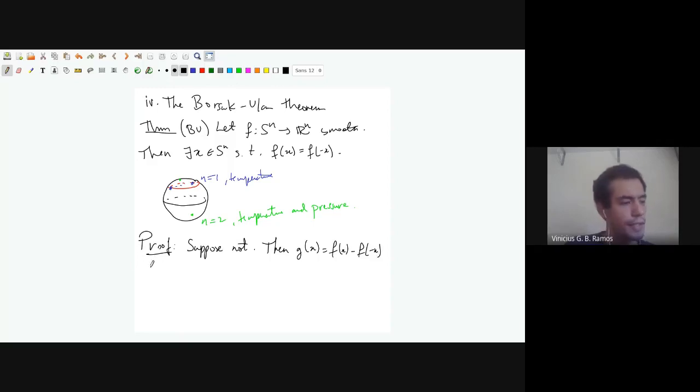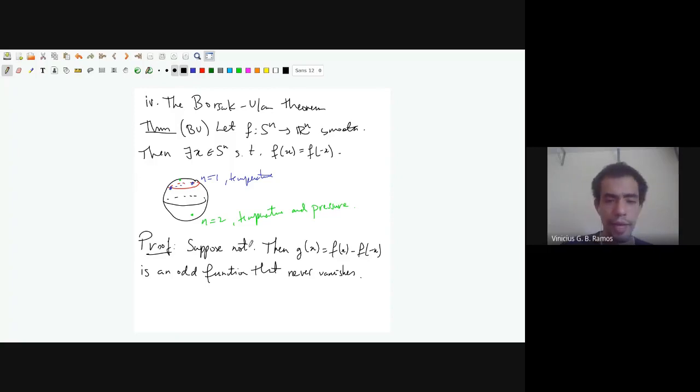And this function is going to be an odd function that never vanishes. I guess you can always define this odd function, but if you suppose that the statement is not true, then g never vanishes.